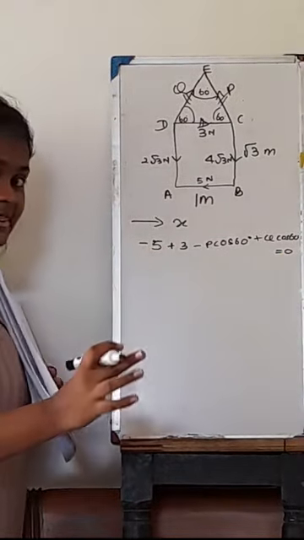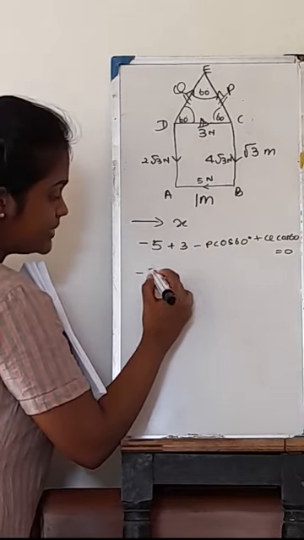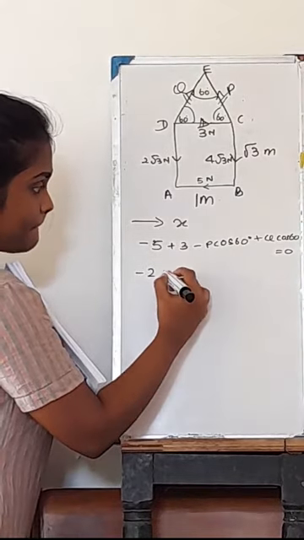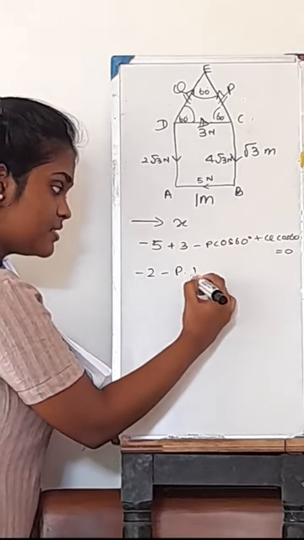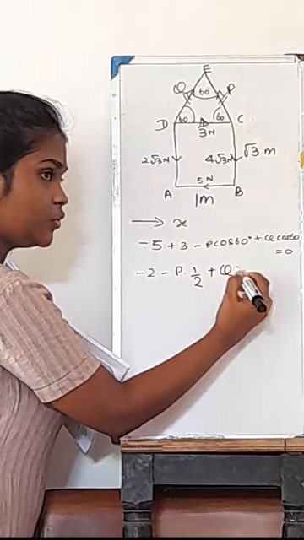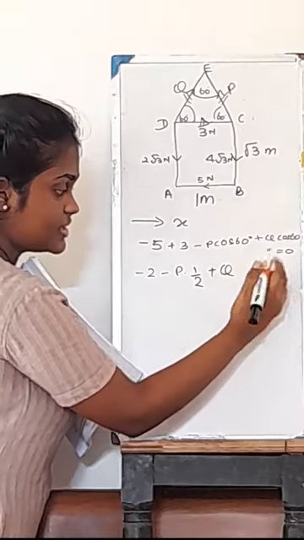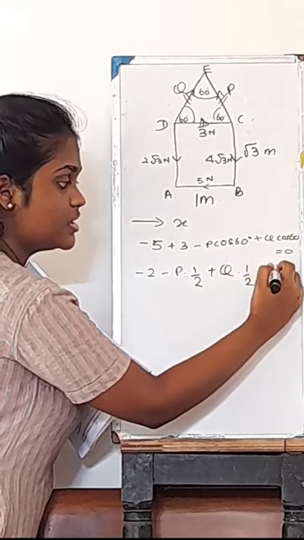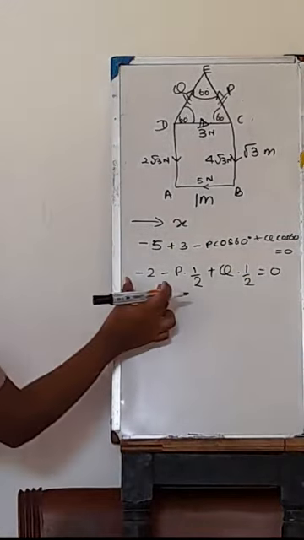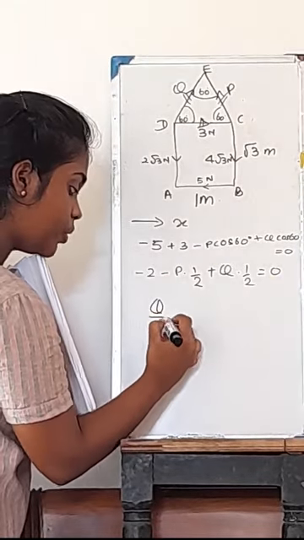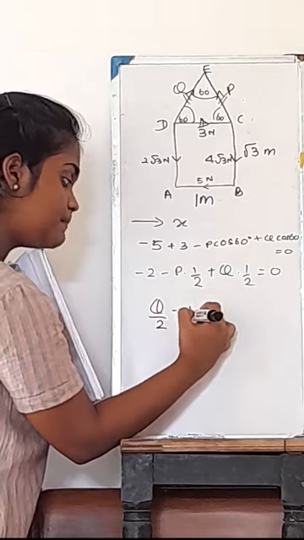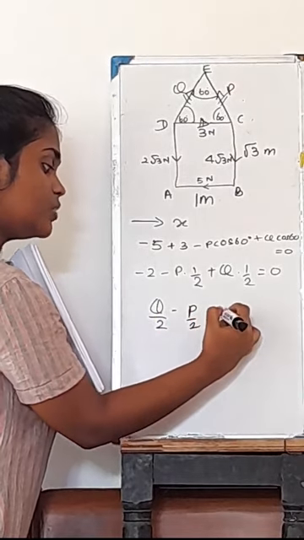Now we have to simplify this. We get minus 2 minus P into cos 60, it's half, plus Q cos 60, it's half, then you write half again, equals 0. Then you can take this 2 to the other side. So it's Q over 2 minus P over 2 equals 2.